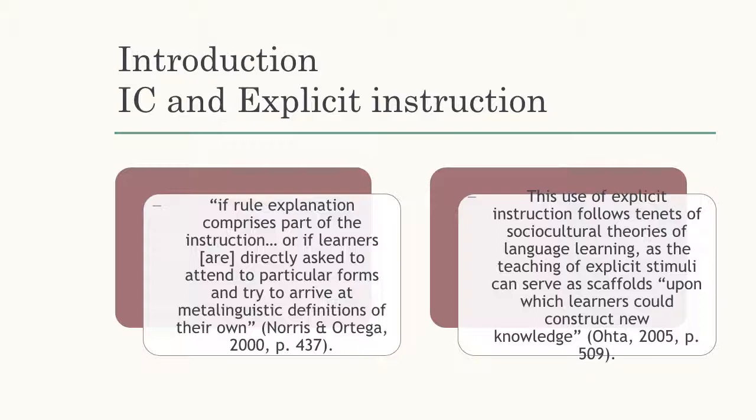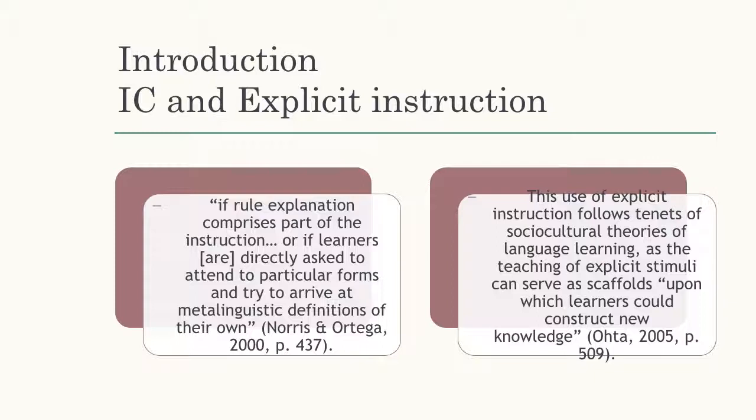So, inverted class would be explicit instruction. We have Norris and Ortega telling us that instruction is explicit if rule explanation comprises part of the instruction, or if learners are directly asked to attend to particular forms and try to arrive at metalinguistic definitions of their own.